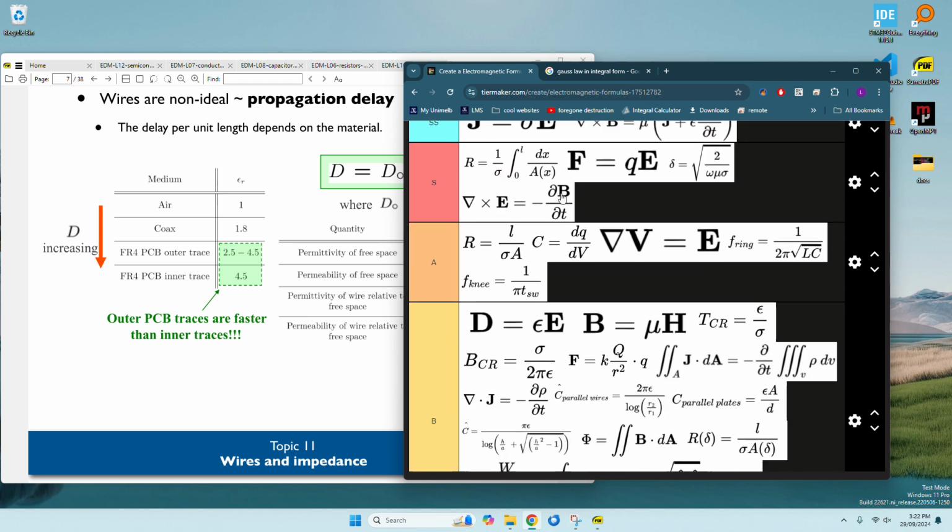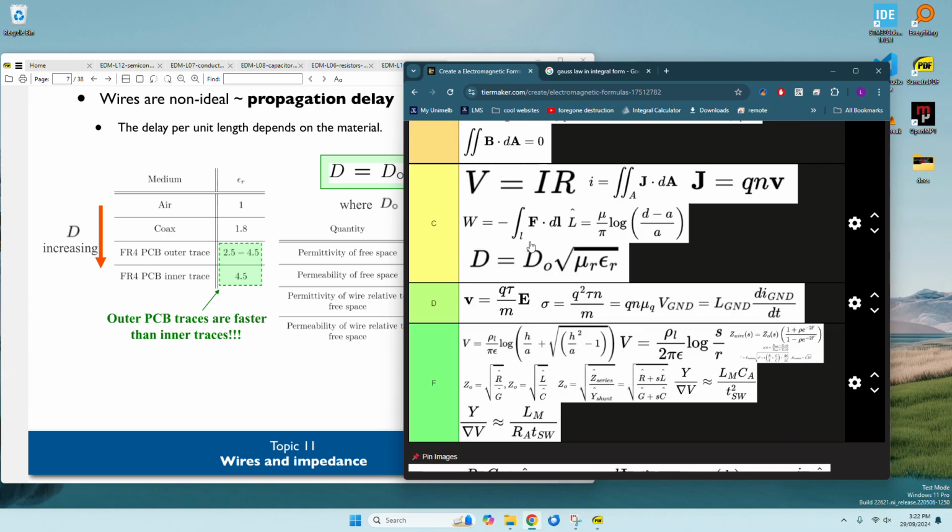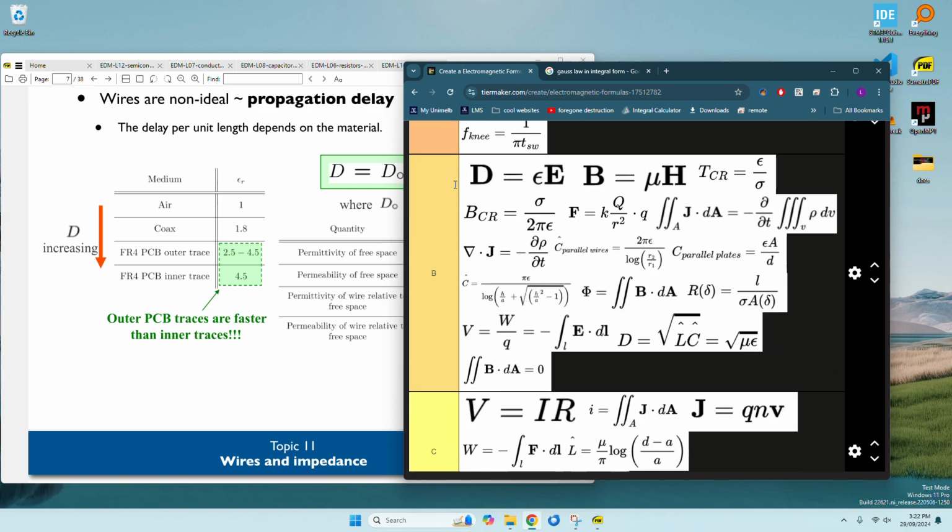So changing electric field equals changing magnetic field equals an electric field.